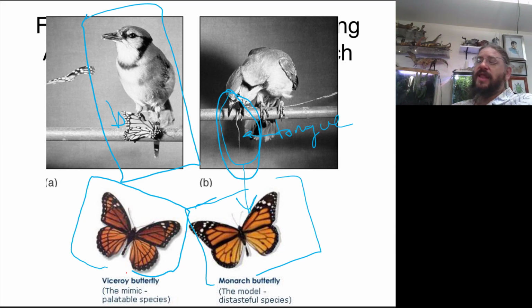But they certainly look like the poisonous one. So if this bird has eaten the poisonous one and gone blah, it's less likely to eat the viceroy, which is kind of cool. You'll find the same thing with venomous organisms too. If you have a venomous snake, you'll probably find some non-venomous snakes that have a similar coloration or pattern. So that's kind of cool.